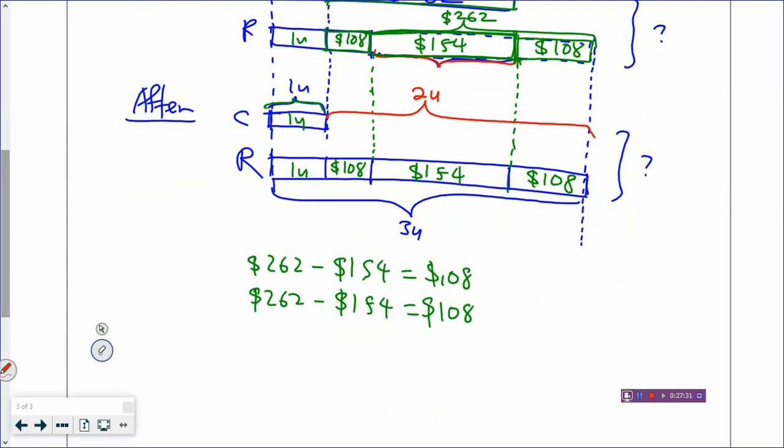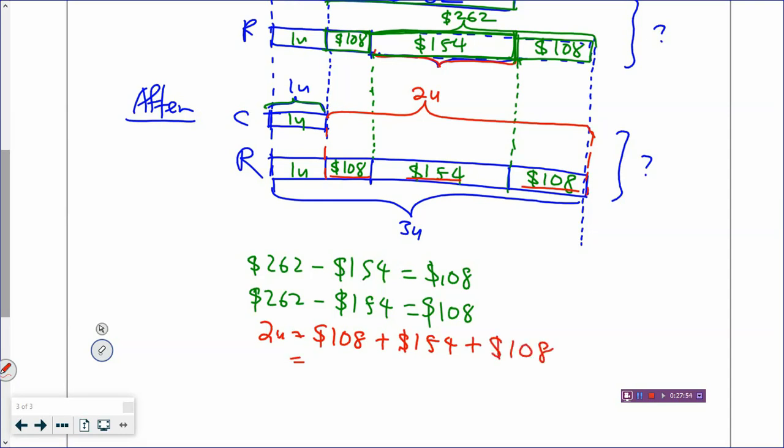All right, and that 2 units more is also how much more? It is also, you take 108 plus 154 plus 108. That is your 2 units. All right, so 2 units equal to 108 plus 154 plus 108.